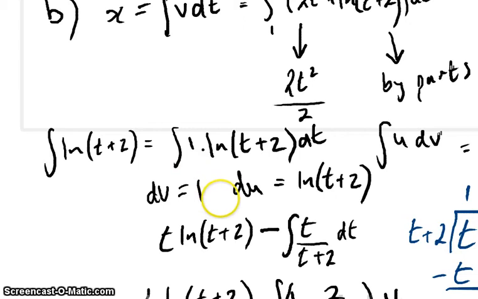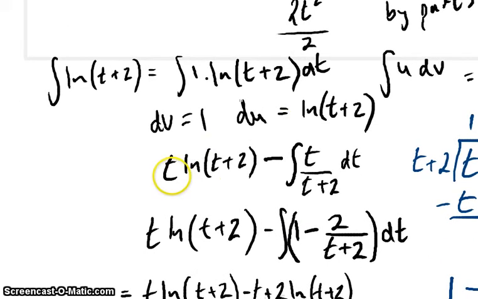So dv here is 1 and u is log of t plus 2. So we carry on. t log of t plus 2. Okay, this is our uv minus integral of v du.